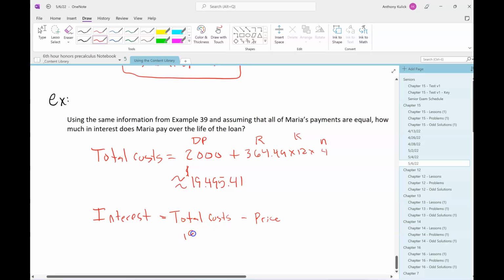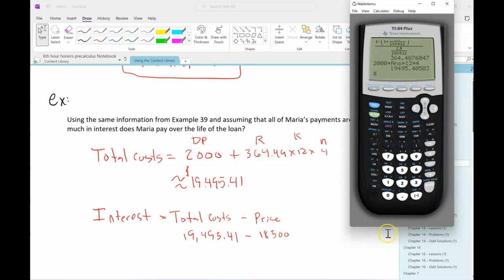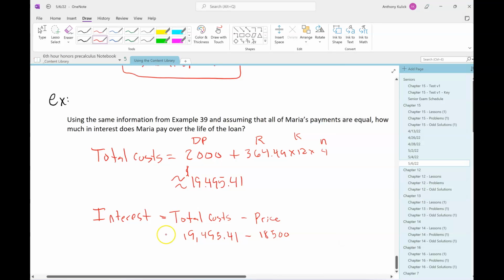So in that case, that's $19,495 minus $18,500, and I get $995.41 that I end up paying in interest.